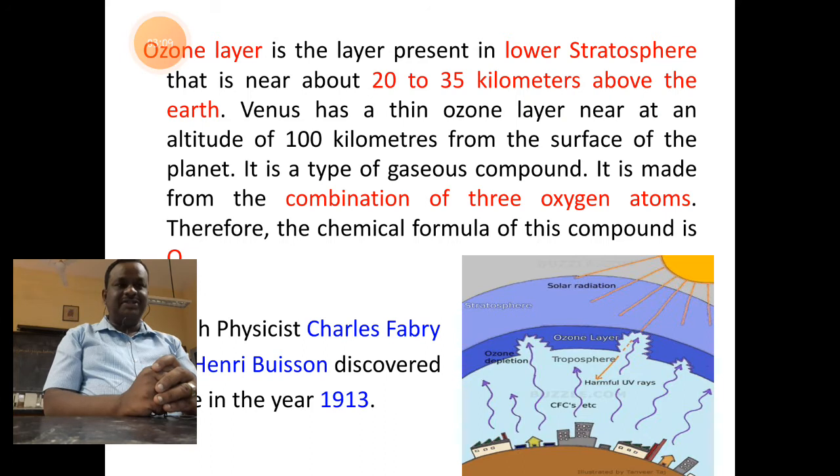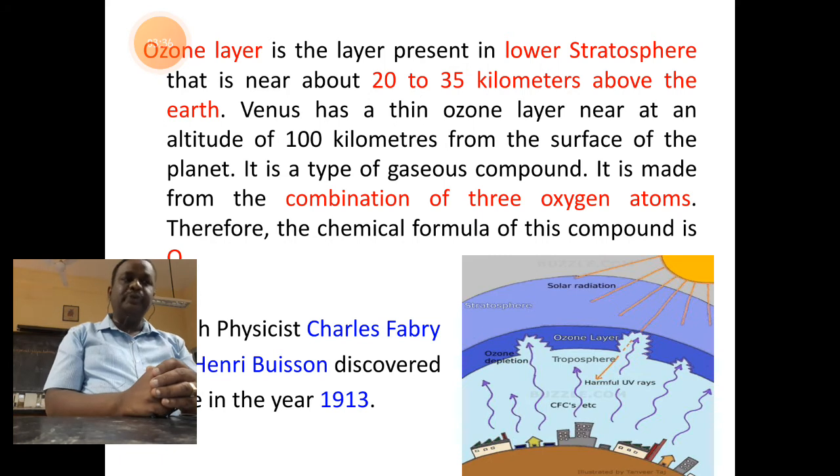Ozone is a gaseous layer made up of 3 oxygen atoms, hence its chemical formula is O3. The formation of ozone takes place in a two-step reaction. In step 1, the oxygen molecule breaks down to form oxygen atoms in the presence of sunlight.